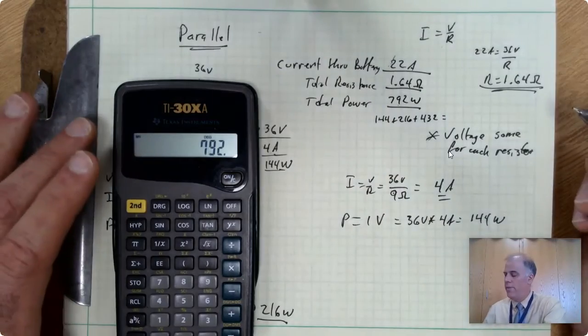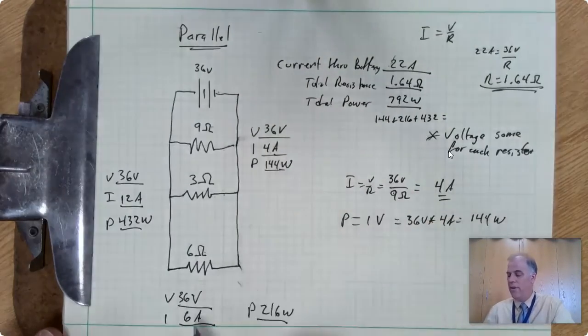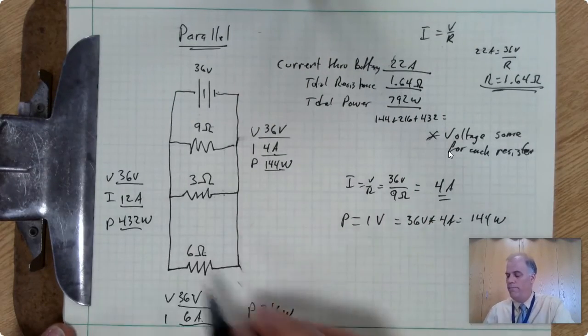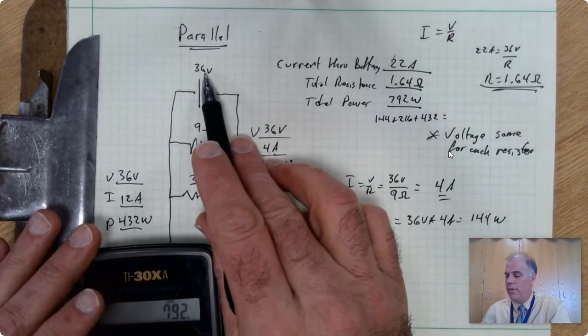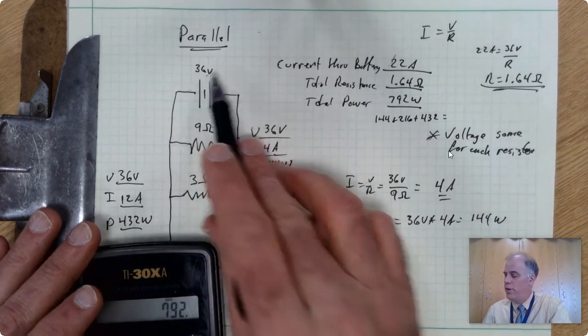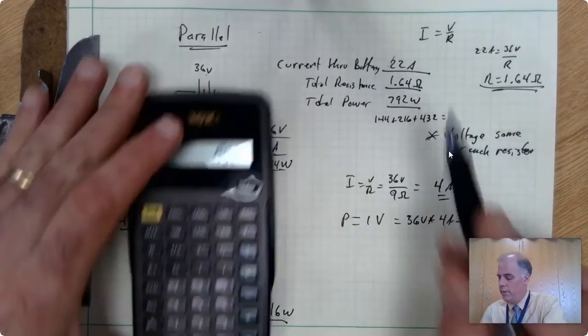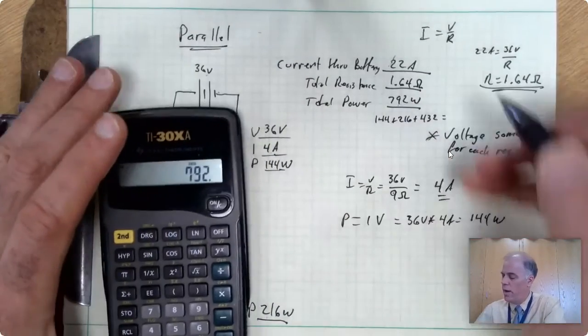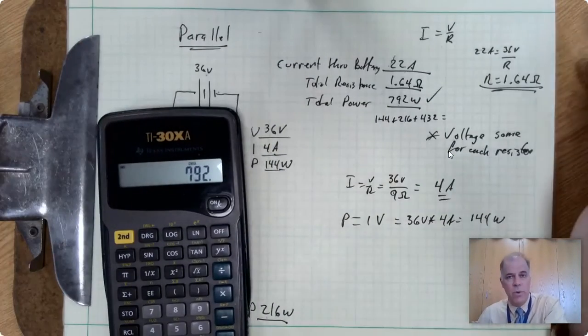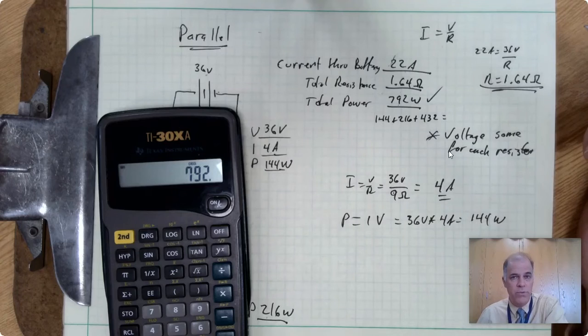That's what we get by adding together the individual power. And then we can also calculate it by taking the battery voltage times the total current. And we get 36 times 22, and that is still 792 watts. So we've calculated that two different ways, and we've gotten the same answer both times, so we can be pretty sure that we've done everything right.